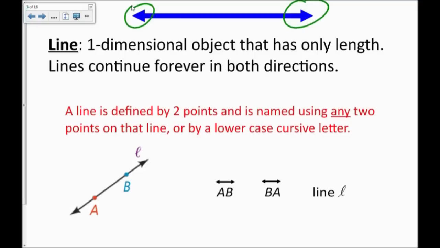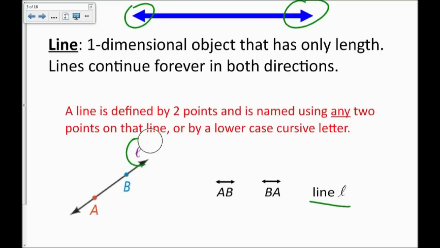So this line down here can be called line AB or line BA. And above those letters you have a line with arrows on both ends, signifying it's a line and it goes on forever in both directions. This line's also labeled using a lowercase cursive letter, so you can call it line L.